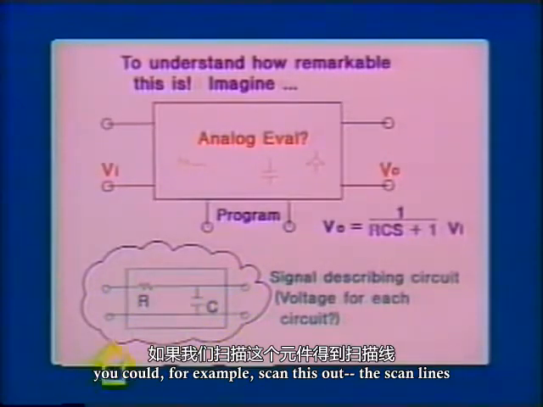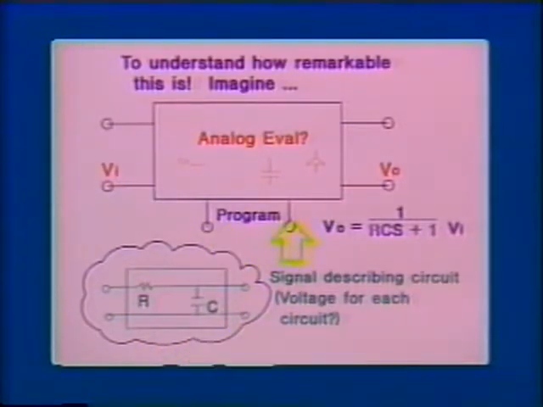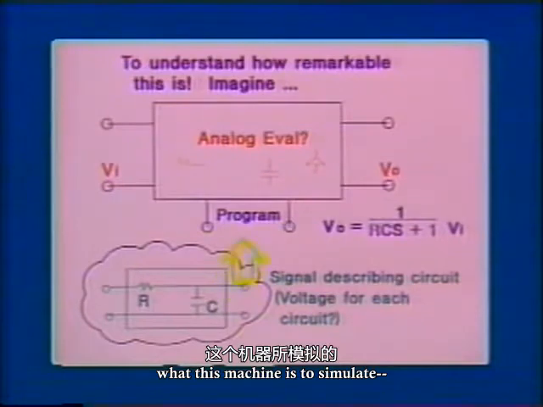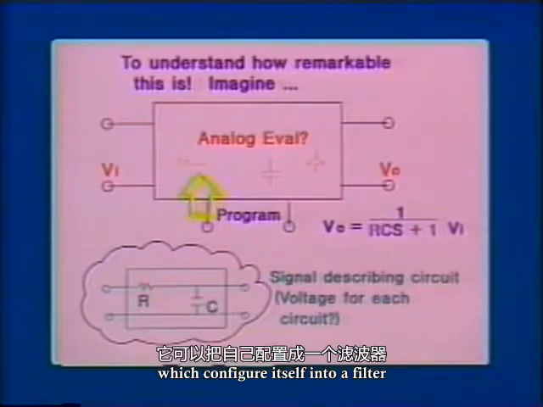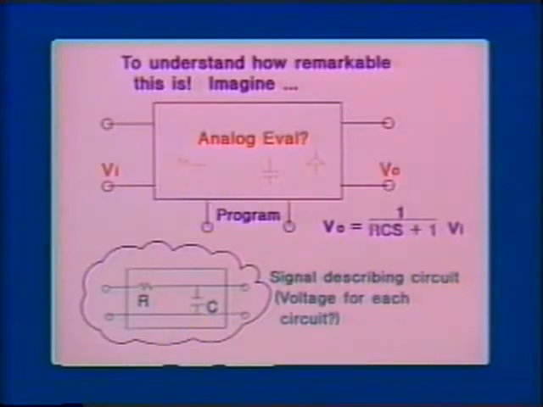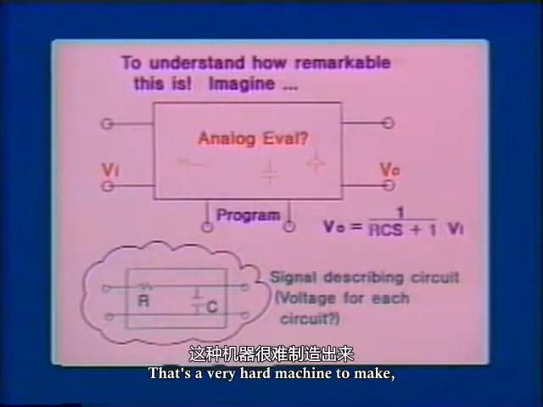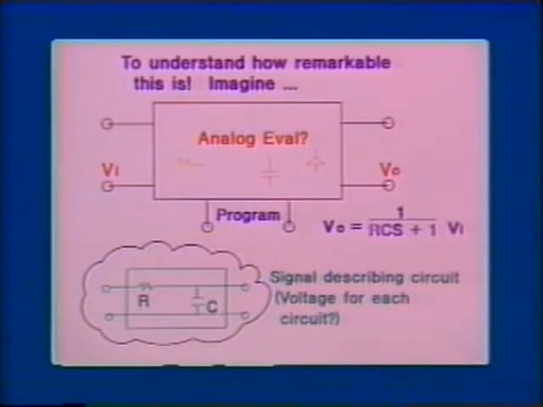The scan lines are the signal that's describing what this machine is to simulate. Then the analog eval, which is made out of electrical circuits, should configure itself into a filter that has the frequency response specified by the circuit diagram. That's a very hard machine to make, and surely there's no chance that I could put it on a blackboard.